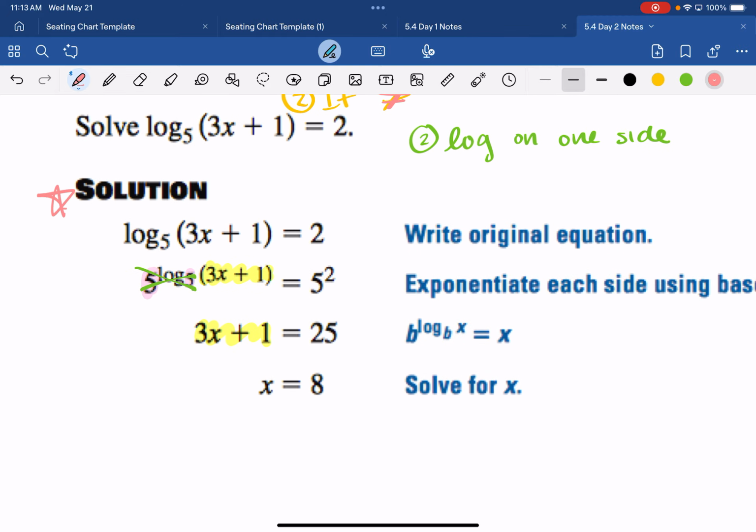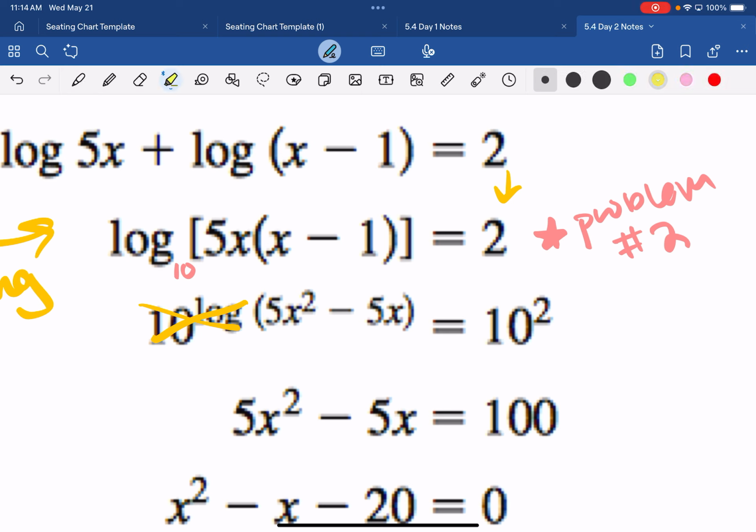I have to pick the right number, though, or else it won't cancel out. Remember, this is a common log, so there's a hidden base 10. So I have 10 raised to the log equals, I have to put a 10 on the other side, raised to the 2. Okay? When I do that, my 10 and log cancel over here. So I'm left with just my exponent.